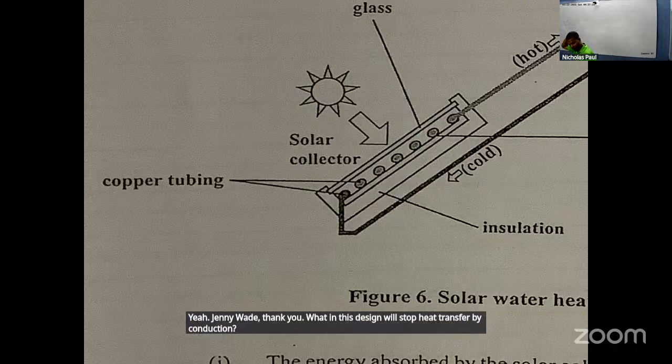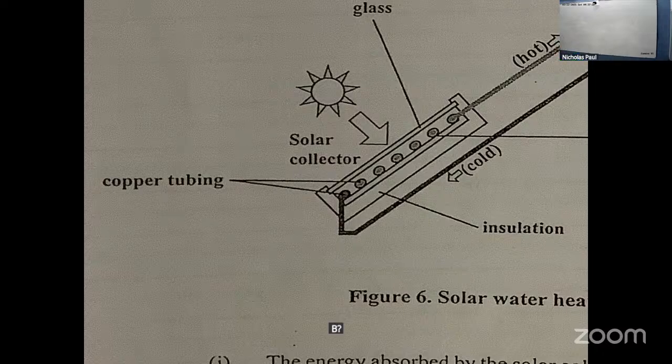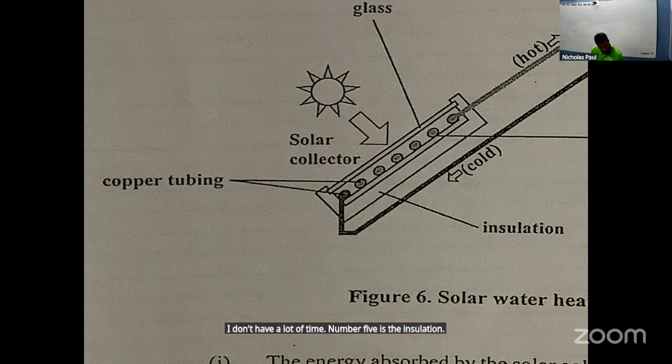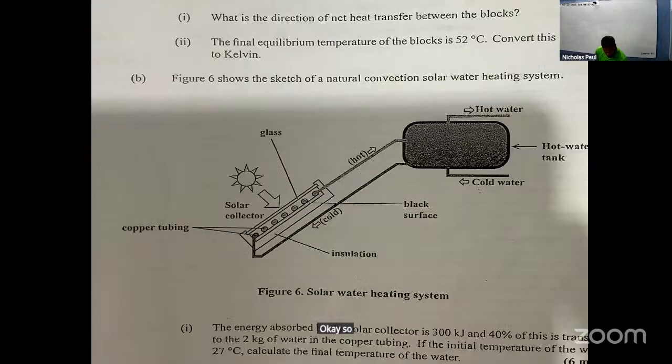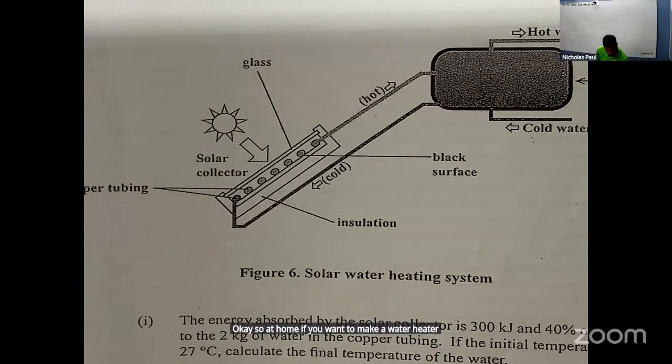The insulation. But you write down all five, please. Number 5 is the insulation. So at home, if you want to make a water heater, you can go and make this.